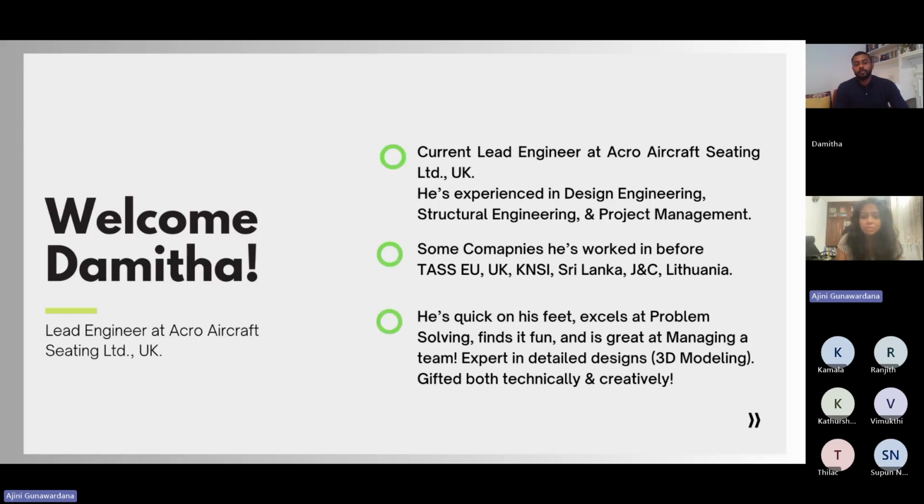And I've known Damitha for a very long time now. We studied together in university. He's one of the smartest people I know. He's quick on his feet. His retention and grasping capabilities are on another level. He excels, or I'd rather say thrives, on problem solving. So ironically, he's probably doing well in the current role he's doing because I think he's just very, very suited for this.